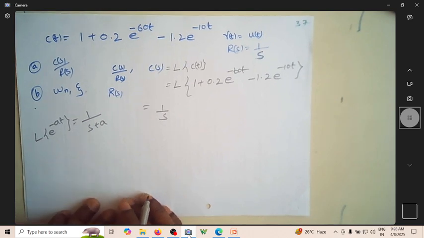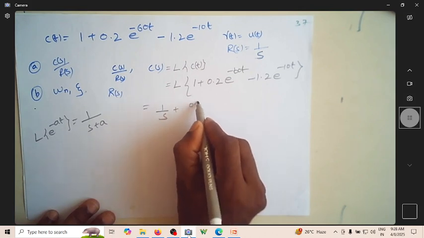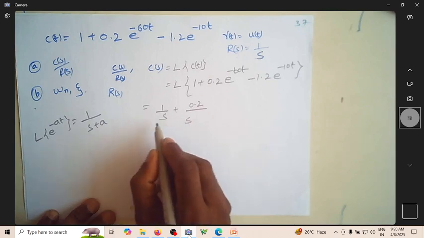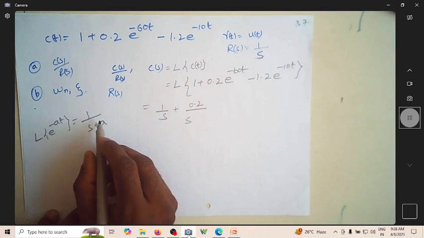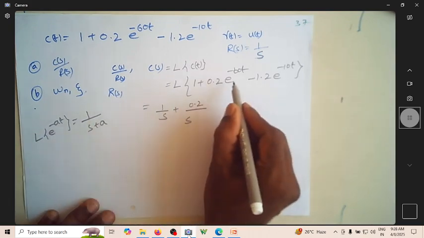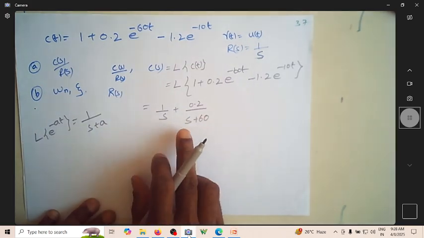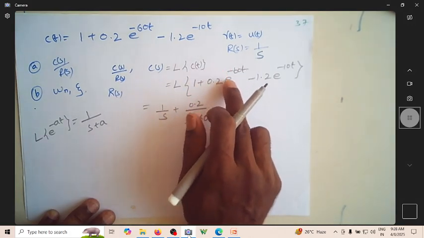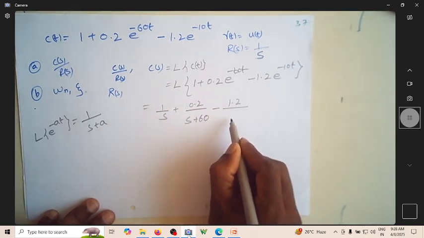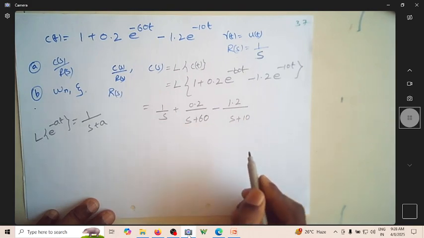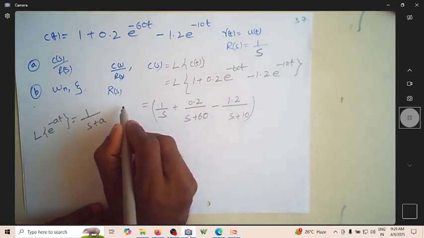So I can write it as 0.2 over s plus 60, since it is e^(-60t) and in place of a you have 60. And here it is minus 1.2 over s plus 10. So this is my C(s).